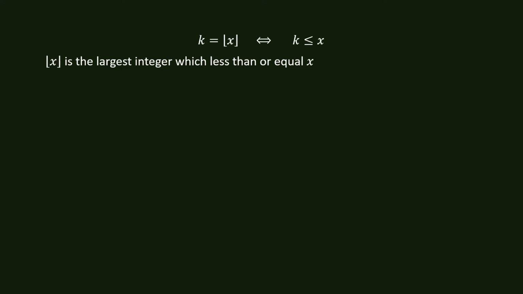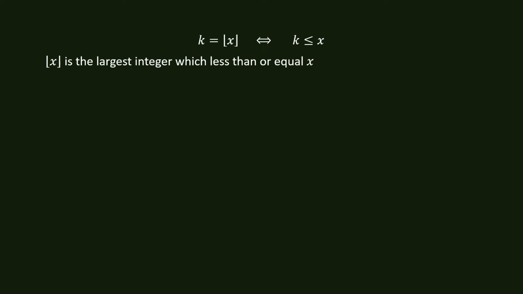First, we need to remember the definition of the floor value of x. The floor value of x is the largest integer which is less than or equal to x. Since k is equal to the floor value of x, we have k is less than or equal to x.